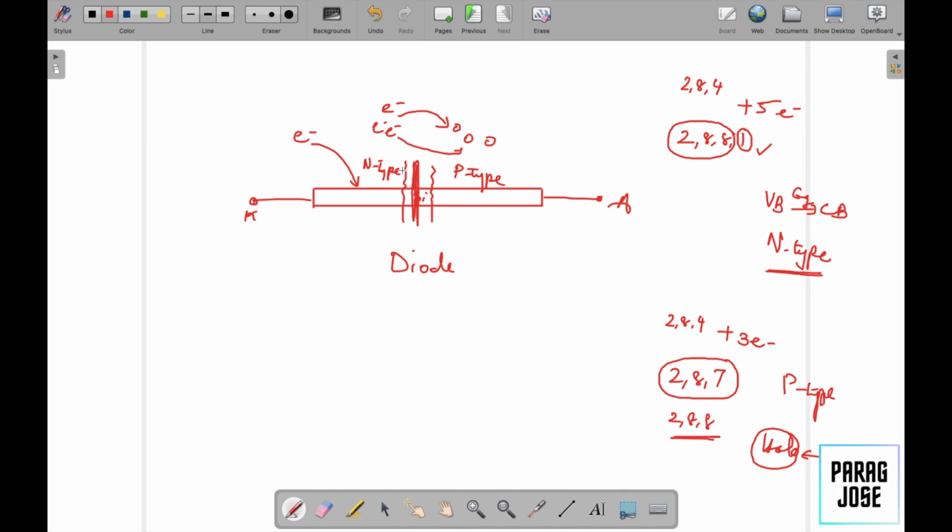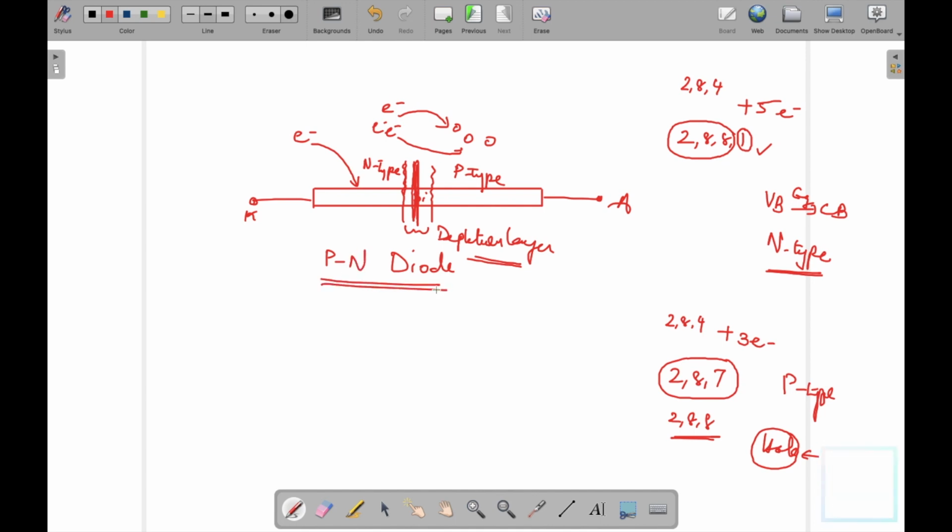Such a scenario creates an area here which is called a depletion layer. This depletion layer is basically the region where the recombination of electrons and holes takes place in the PN junction diode, or the junction created, which we name the PN junction diode.